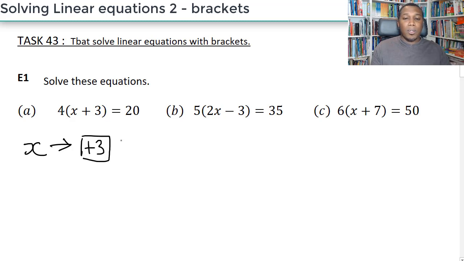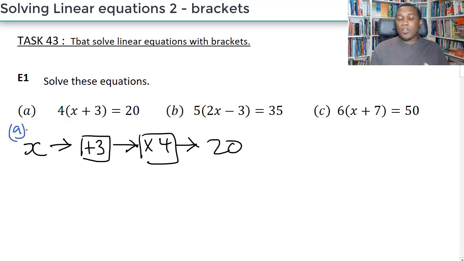Multiply by 4 comes after. That number is multiplying the entire answer from the bracket. It's multiplying x plus 3. So times by 4 is my second function, and then the output is 20. So this is for part A. I've set it up as a function machine.